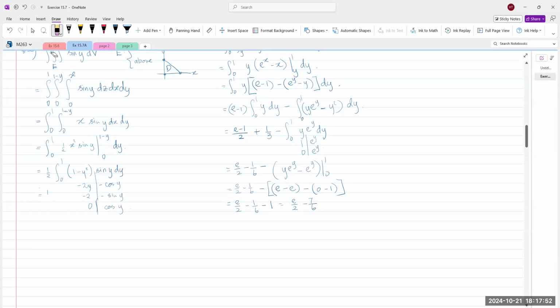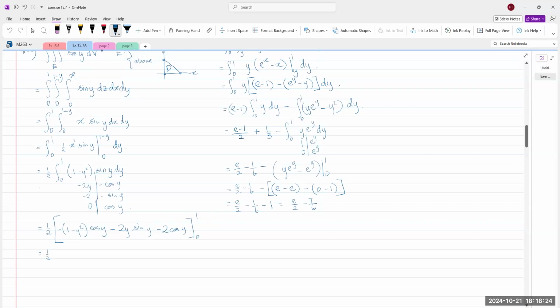Okay, so the integral will be 1/2 times 1 minus y squared, negative 1 minus y squared cosine y, minus 2y sine y, minus 2 cosine y from 0 to 1.